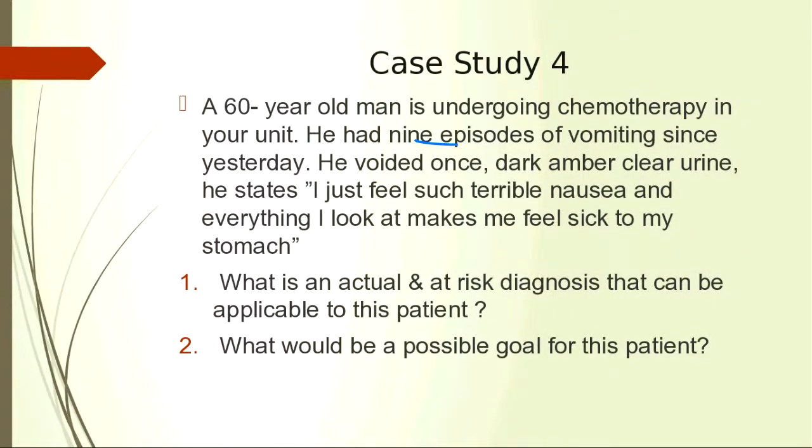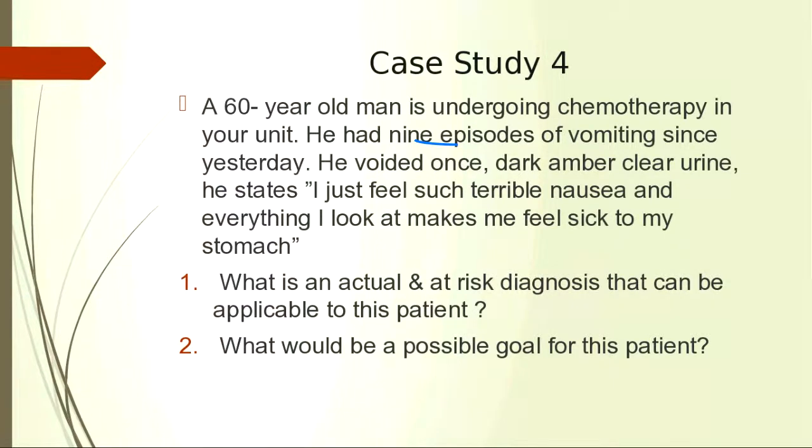Okay, what could be at-risk diagnosis? He could be at risk for decreased urinary output related to the dark amber clear urine. So the goal for this at-risk diagnosis will be we need him to produce at least 100 milliliters of urine per day. So this will be my goal.